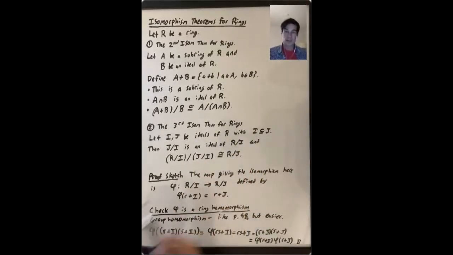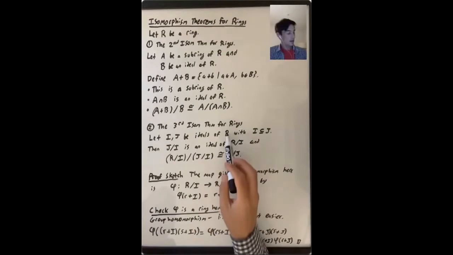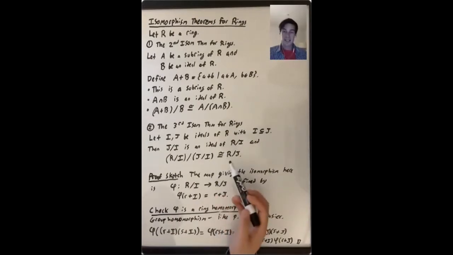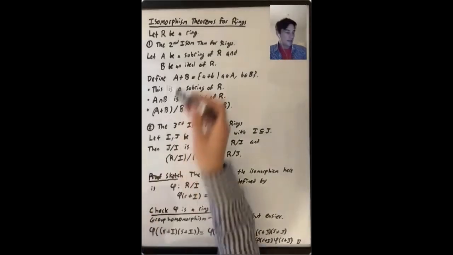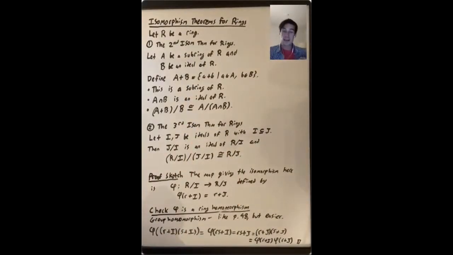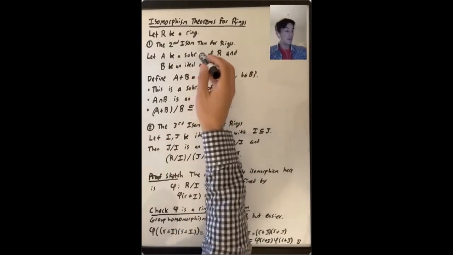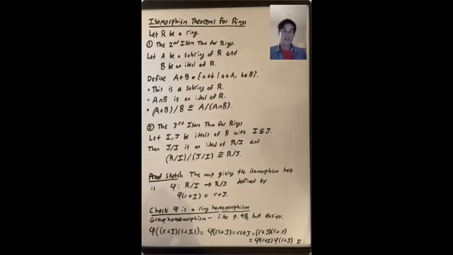Third isomorphism theorem, how do things change when you have these other definitions in mind? Well, R now is a ring with identity. But other than that, the statement is exactly the same. So this is a case where, in a way, the statement as presented in Dummit and Foote is actually a little bit stronger, because it's telling you something about subrings and ideals of rings that don't necessarily contain an identity.